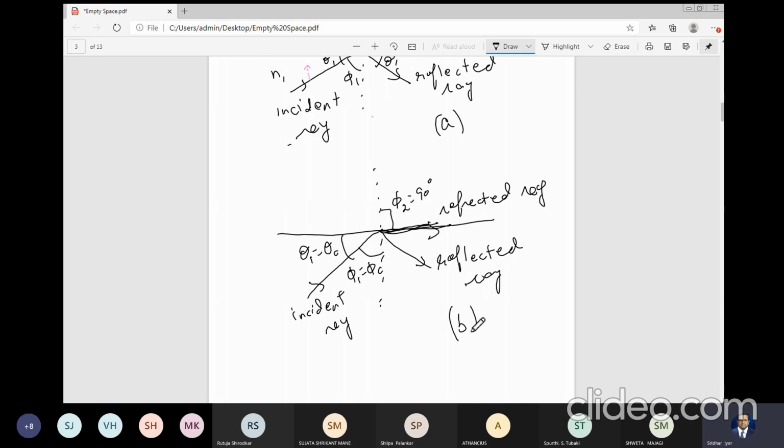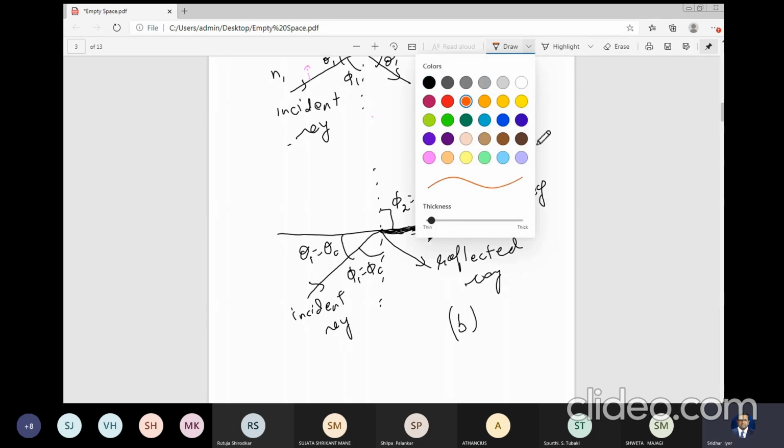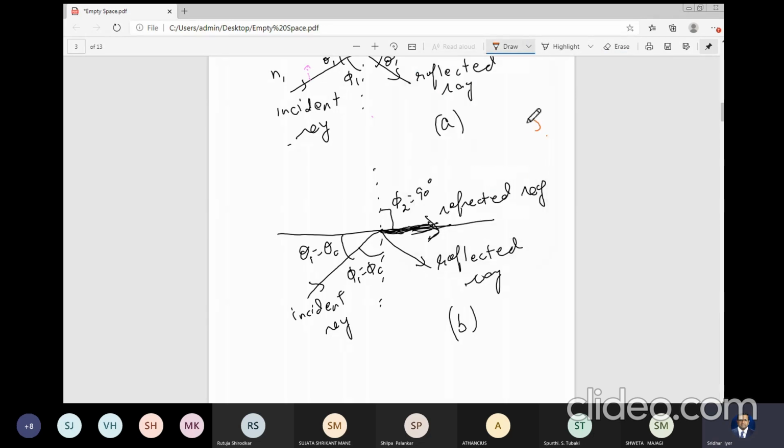This is also a diagram which we do not require, because if you now visualize this scenario in terms of an optical fiber, this implies if I draw the core and the cladding here. Let me draw the core and cladding with a different color. Let's say this is the core, and let's say this is the cladding.